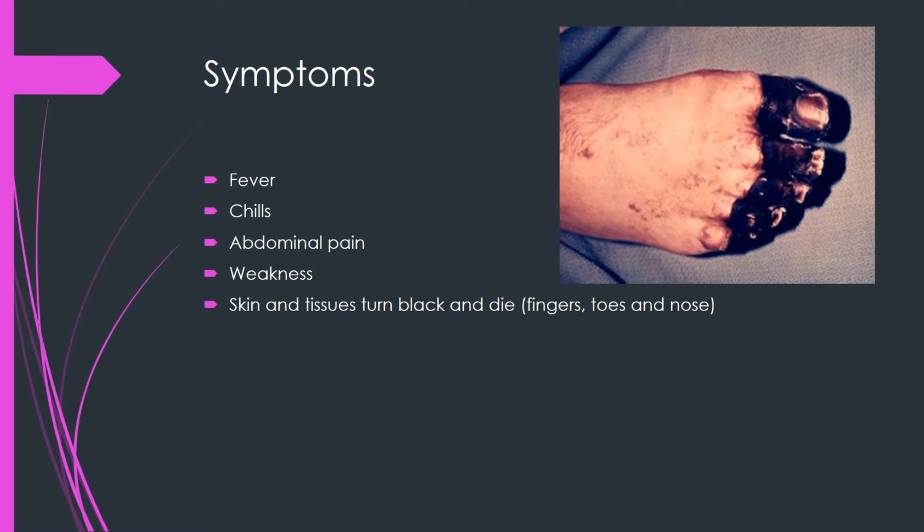The symptoms: fever, chills, abdominal pain, weakness. You know, this is most known for when skin and tissues turn black and die. Basically the fingers, toes, and the nose. Hence the Black Death term. Yeah, very, very nasty stuff.